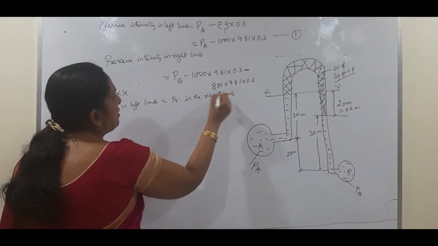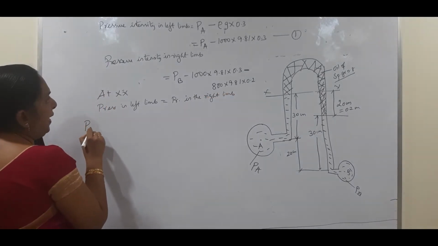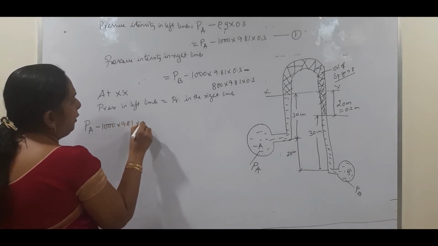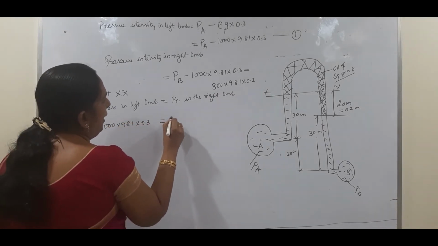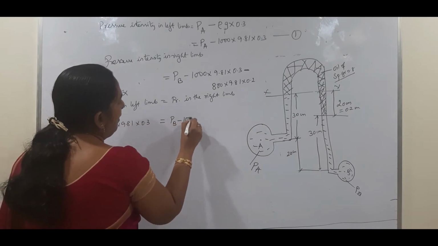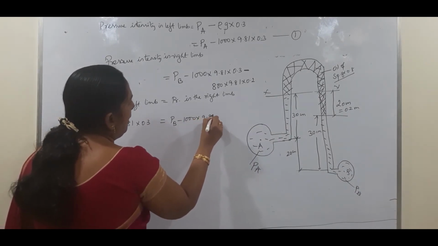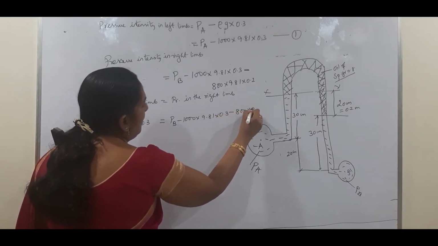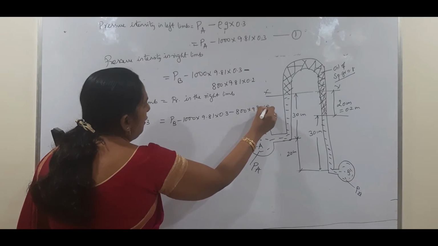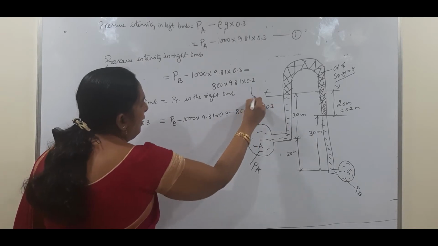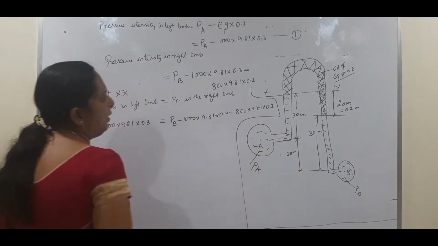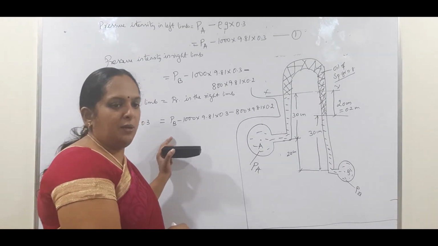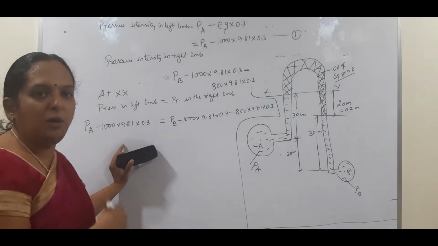So just equate this: PA minus 1000 into 9.81 into 0.3 is equal to PB minus 1000 into 9.81 into 0.3 minus 800 into 9.81 into 0.2. Is it clear? So now we are going to shift it to this side. We can bring it either to this side or to that side.